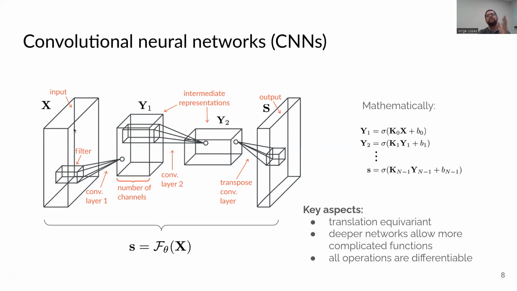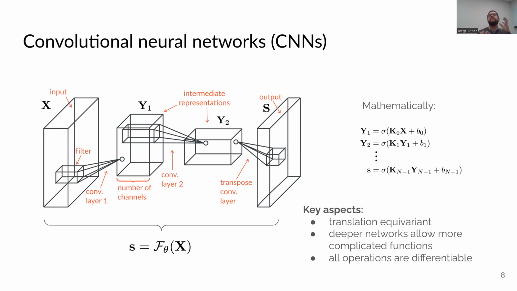Your input, for example, could be an image. If you have the same pattern in the image repeated at some corner or in the middle, it will change the output in a similar way. That's what translation equivariant means. We also have that deeper networks allow more complicated functions, so if we use many layers, we'll be able to represent more complicated functions.